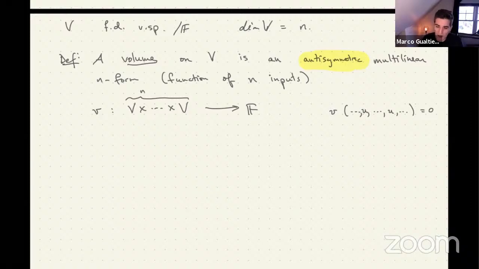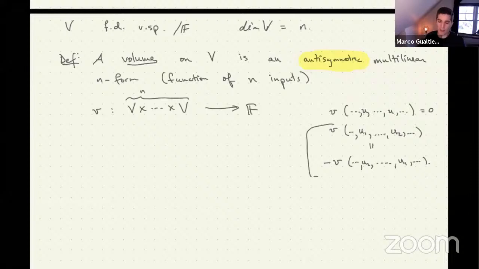Normally people would say that if you have two vectors, u1 somewhere on the list and u2 elsewhere, then this will be equal to minus the same expression where we switch the positions of u2 and u1, with everything else the same, and we get a negative sign. And I explained why the first condition is equivalent to the second condition.